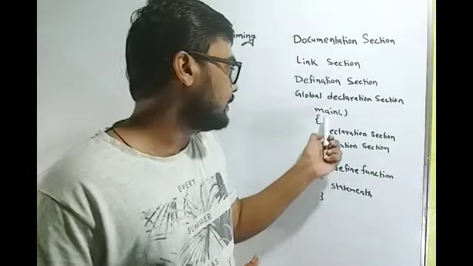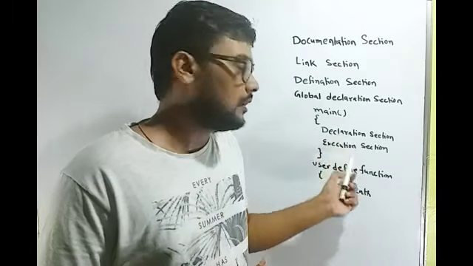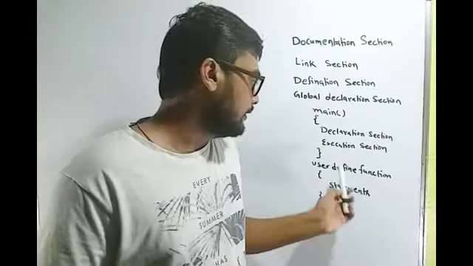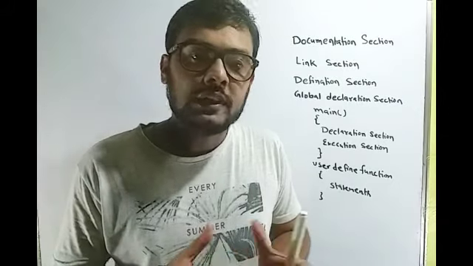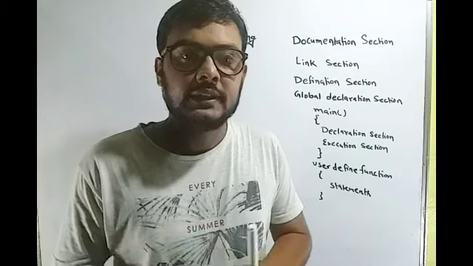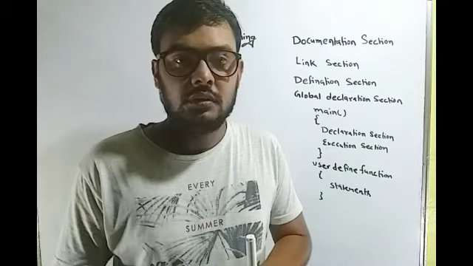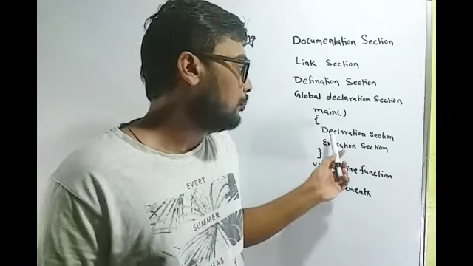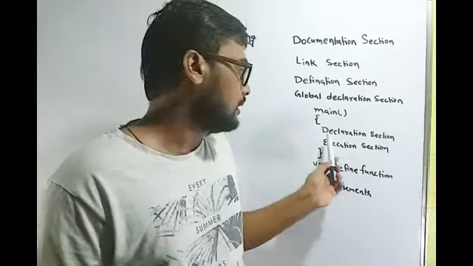That's why the main function is very important, and the main function has two parts. One is the declaration part and the other is the execution part. In the declaration part, we declare all the variables of the program. It is restricted, and the rule in the C language is that you must declare all the variables in the declaration section.